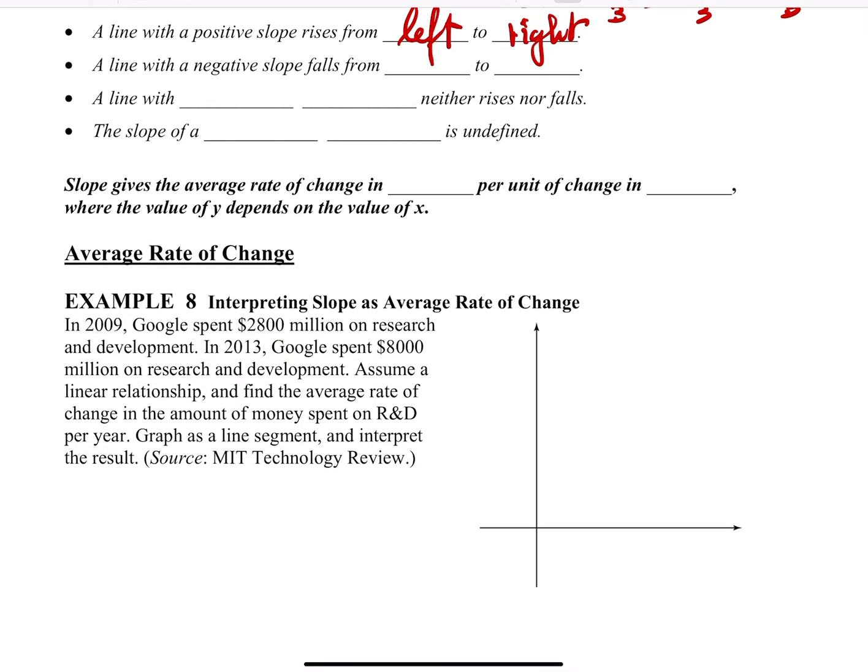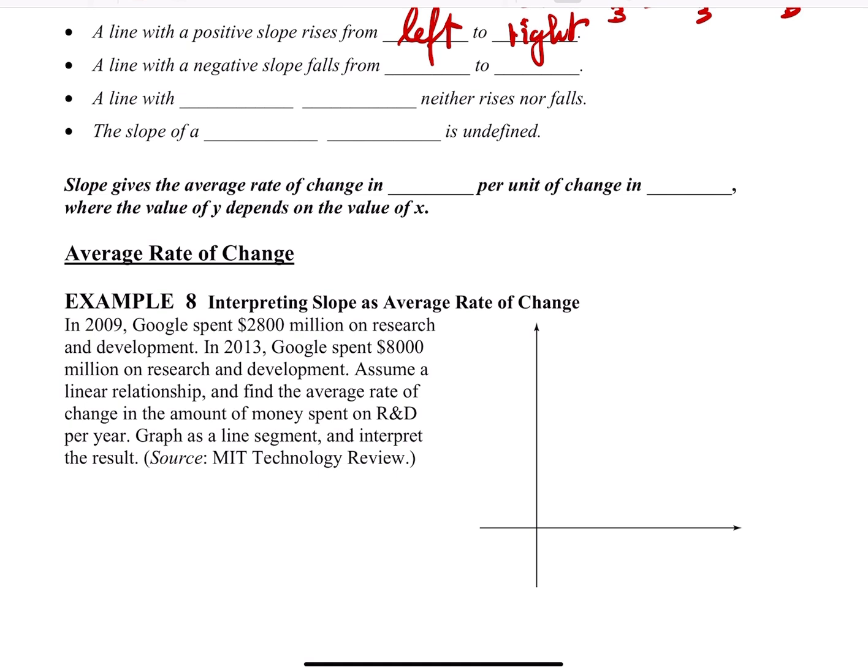Remember, the positive slope I told you about, like this, from left to right. That's the way you have to figure it out: the way the line rises from left to right. That's how you can define it.